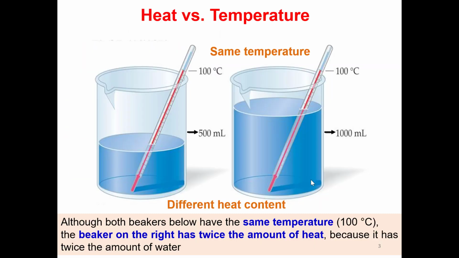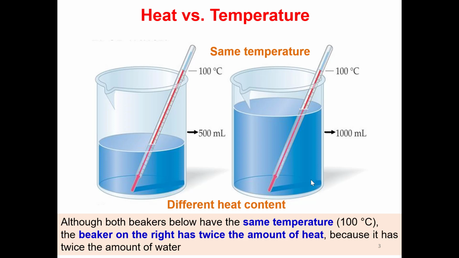And now we know heat and temperature are not the same quantity. Temperature is based on the kinetic energy of the molecules. When we are measuring temperature, what we are measuring is the kinetic energy of the molecules. But we know they are different.